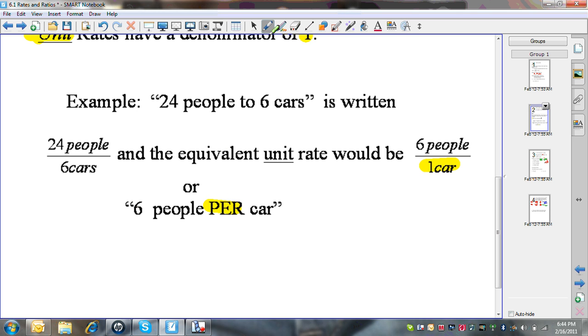And that's where your big E comes in on our word rate up above, because this big E right here is to remind you that the E in rate you can think of relating to the word per. Unit rate with a denominator of 1.